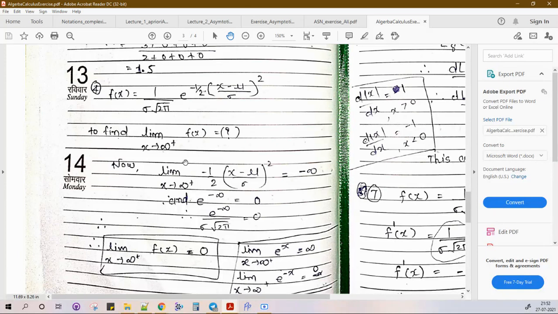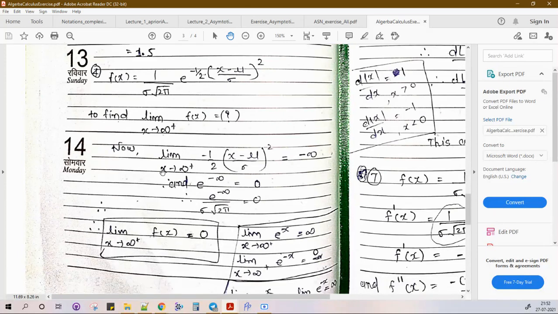So we will check, when x tends to infinity, what is the value of minus 1 by 2 (x minus mu by sigma) square. When x is infinity, infinity minus mu divided by sigma would be plus infinity, because mu is a small positive constant, and infinity minus something is infinity.